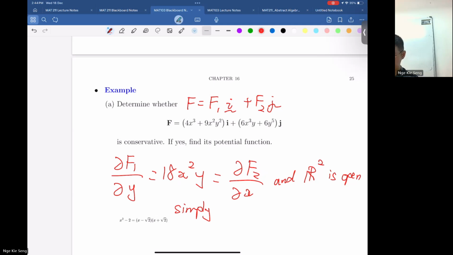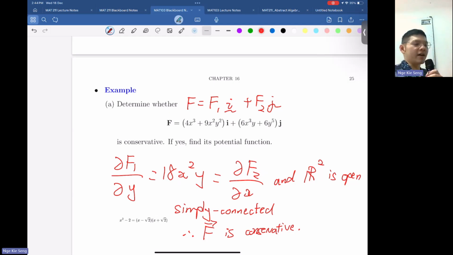Connected. So F is conservative. Okay, now I'm going to make you do something very ODE-like. Can you find the potential function or not? Okay, what does it mean to find a potential function?